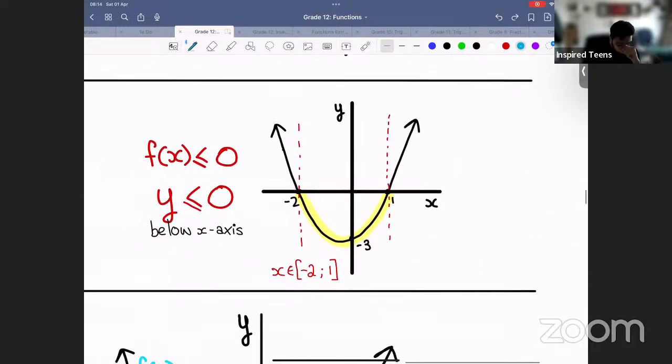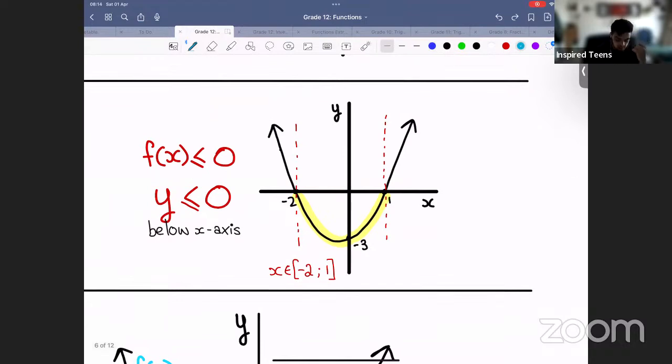Let's look at less than. F of x is less than or equal to. So this time we probably are going to need to include. F of x being less than or equal to 0 means y is less than or equal to 0, which means below the x-axis. So I need to identify the part of the graph that's below the x-axis, and that's what I've done.